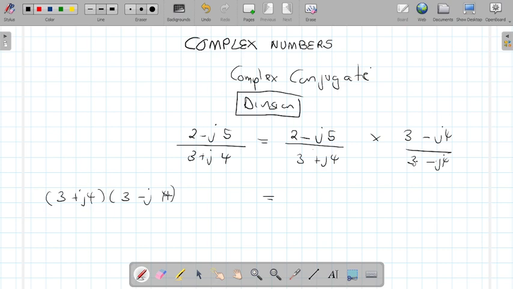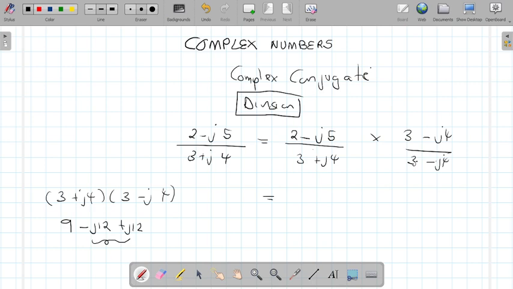We first of all imagine that they are real numbers and use the relation j squared is equal to minus 1. 3 multiplied by 3, that is 9. 3 multiplied by minus j4 is minus j12. Now j4 multiplied by 3, that is plus j12.